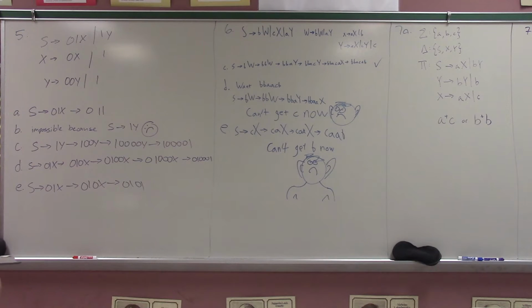There's the derivation. For D, we want BBAACB, but we can't do that, because at each step there's only one choice as to how to get that character, and eventually you get BBAAX, and from X you can't get a C. So you can't do it. And E is similar.